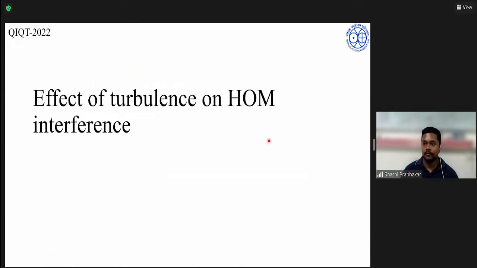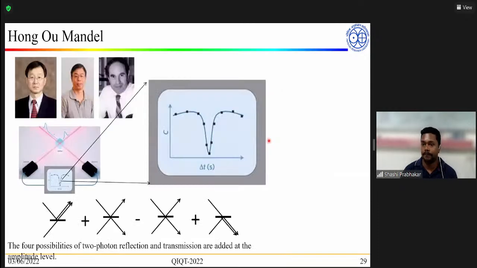Going forward to another topic, another effect called Hong-Ou-Mandel interference, which I have not introduced, so I'm going to do it briefly. When those two photons, signal and idler, reach the beam splitter, four possibilities can happen. Either both of them go in a single path, or they transmit or reflect.